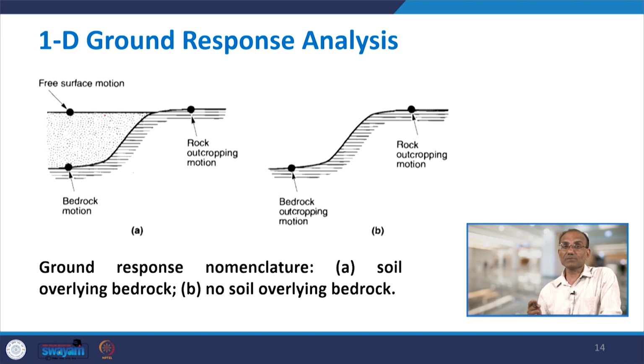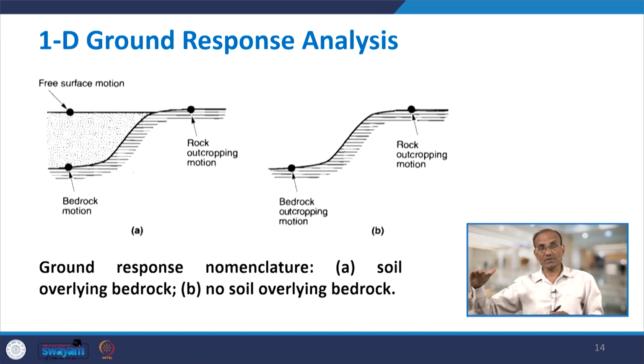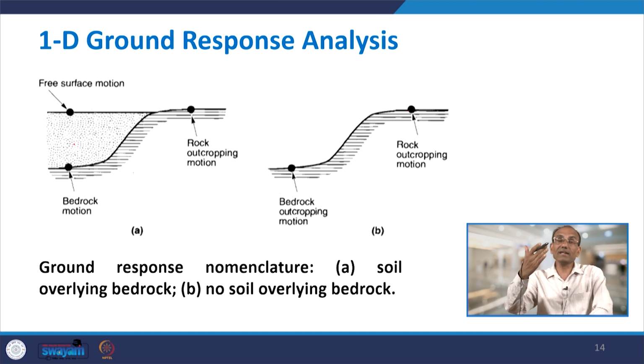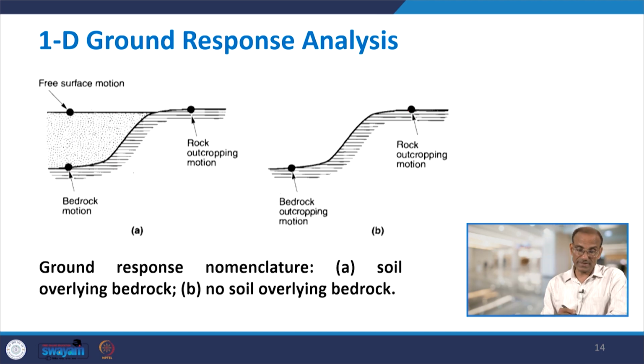Free surface motion is the motion on the top of the soil, that is on the ground surface, number 1, but it is on the soil. If on the ground surface rock is directly exposed, then it will not be free surface motion, rather it is called rock outcropping motion, which is given in this point or in this point, because rock is coming to the surface. In the second case, if you have a soil column, the motion at the base of the soil column, on the top of the rock, is called bedrock motion.